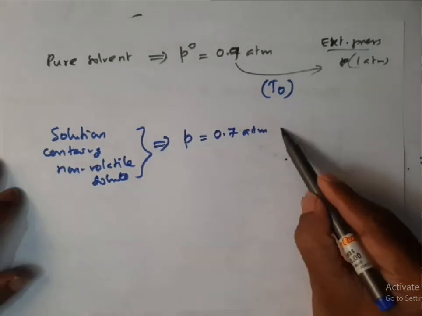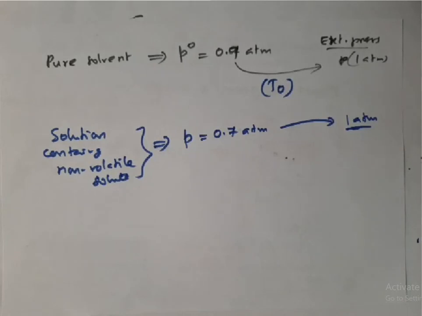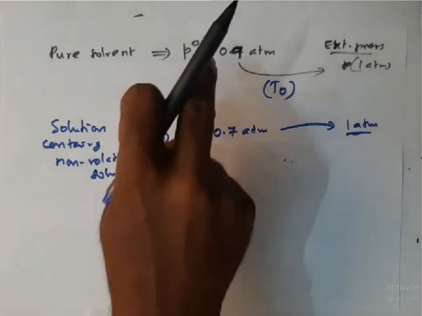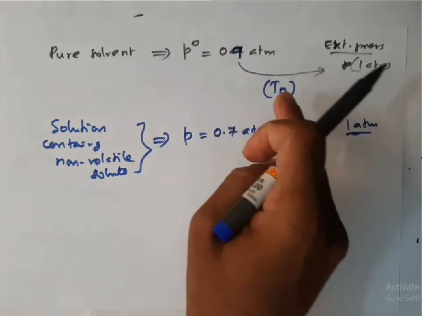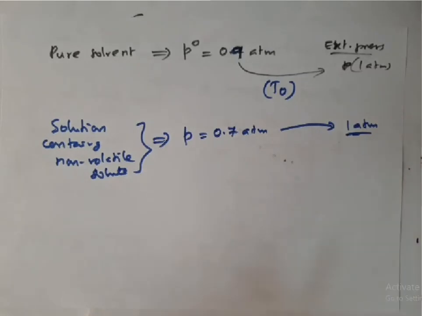Now to get the normal boiling point, you should change the pressure to 1 atmosphere. Here, from 0.9 to 1 atmosphere, less amount of heat is required, whereas from 0.7 to 1 atmosphere you require more heat, correct? Am I right, student?